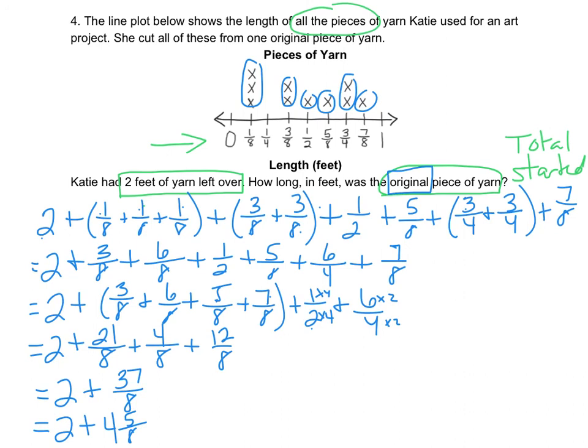So our final answer is going to be, and I'm just going to write it over here, 2 plus 4 is 6, and my fraction is 5/8. So my original piece of yarn is 6 5/8 feet. Make sure you showed your work.